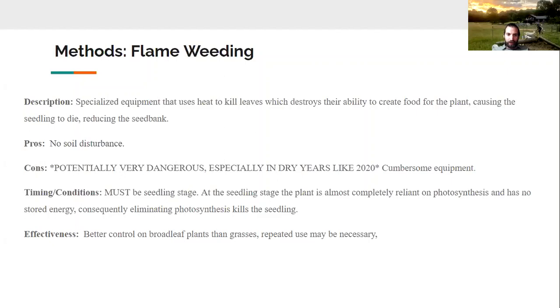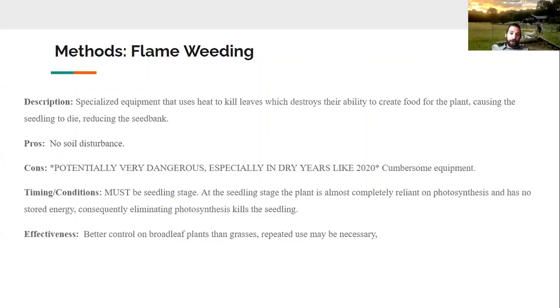They are new leaves off of an already established root system. Flame weeding uses a tremendous amount of heat passed really briefly over the leaf surface to essentially burst the cells in the leaf, which destroys the plant's ability to create food, and the seedling dies.